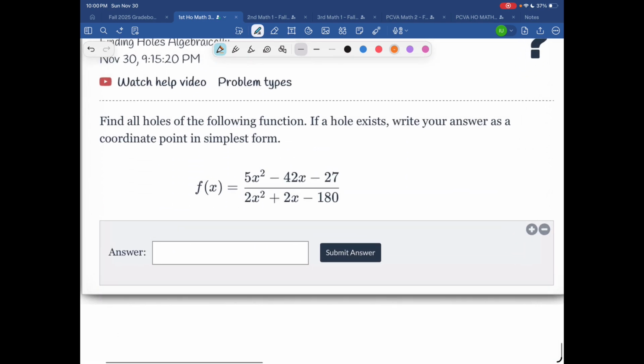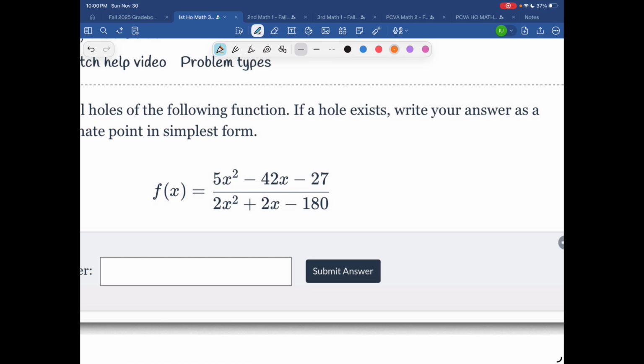All right, and then the holes. So this one's a little bit bigger of a problem. For this one right here, they're in the numerator. Remember, the holes are what we can cancel. We do not have a GCF, so we're going to need to slide and divide this whole problem. If I multiply 5 by 27, that's going to give me 135.